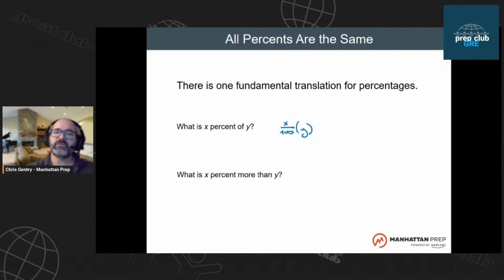What is X percent more than Y? Well, you do still have this idea of an X over 100 times Y. That fundamental translation does still hold. But what else is existing in that X percent more than Y?